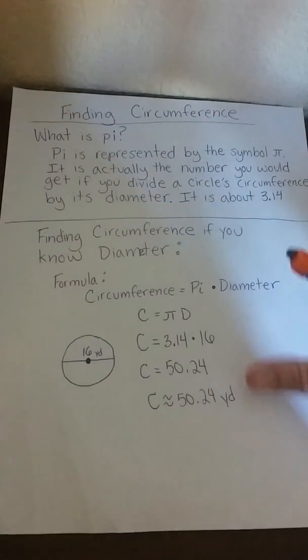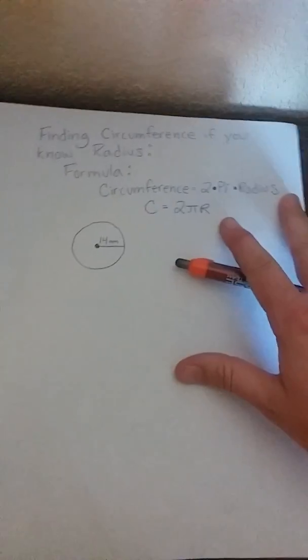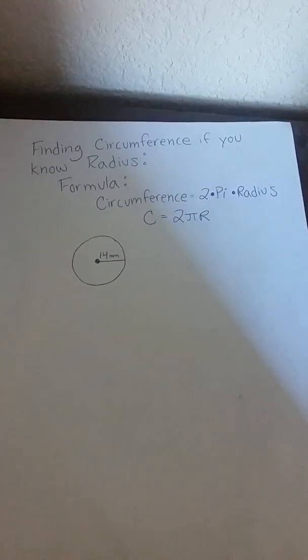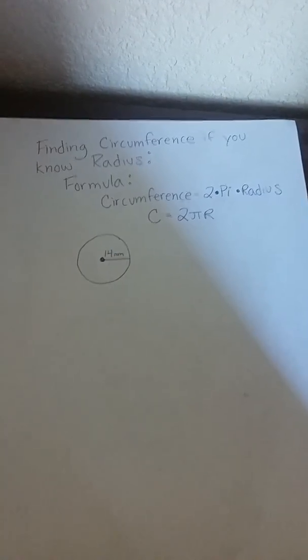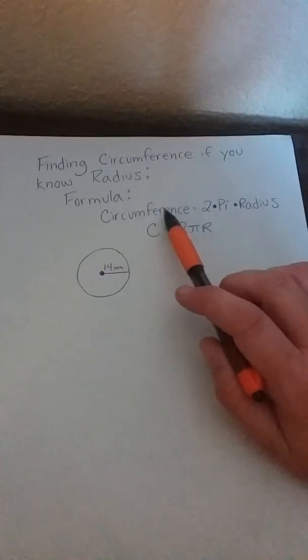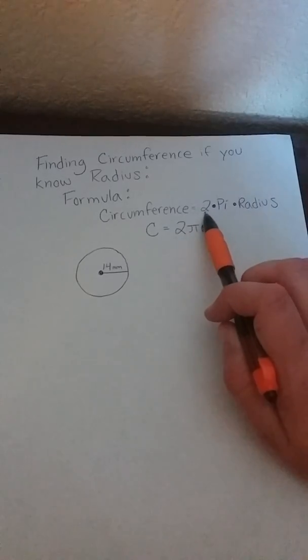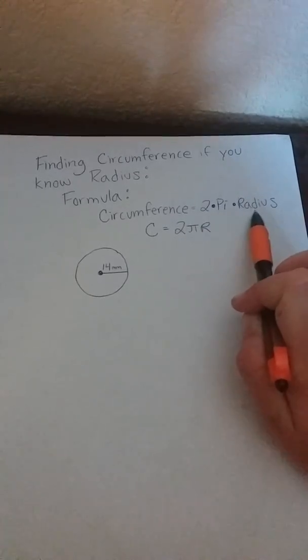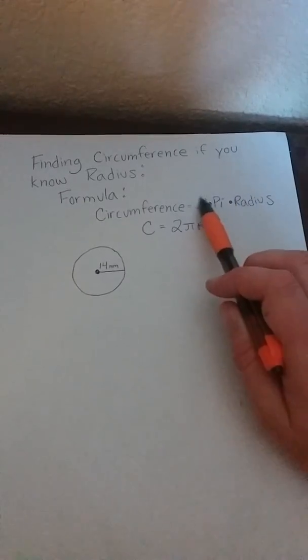I can also find circumference using radius. So we can also find the circumference if you know the radius. The formula here is a little bit different. The formula, if you know the radius, is that the circumference equals 2 times pi times the radius. Where does that 2 come from?